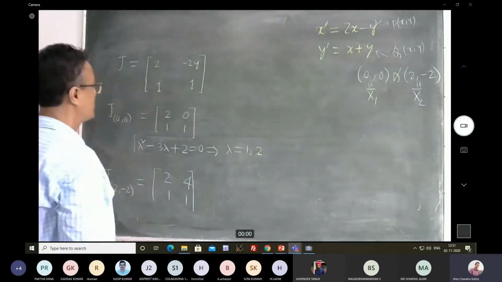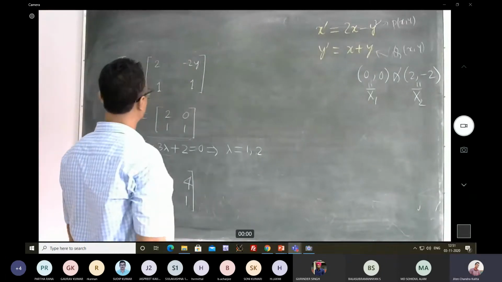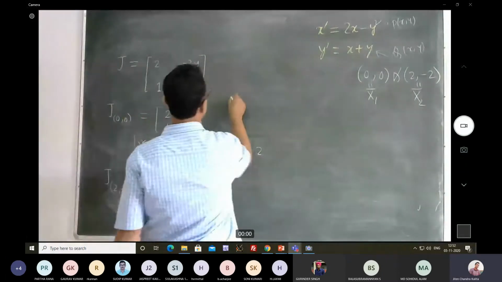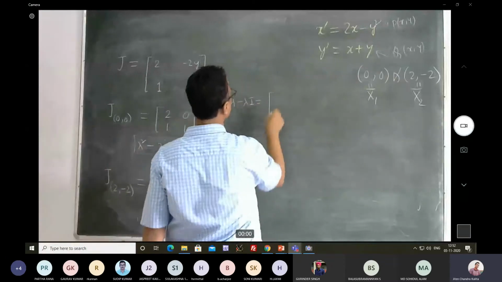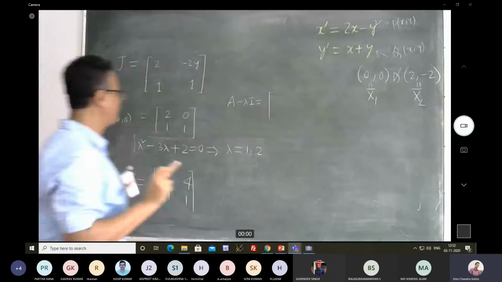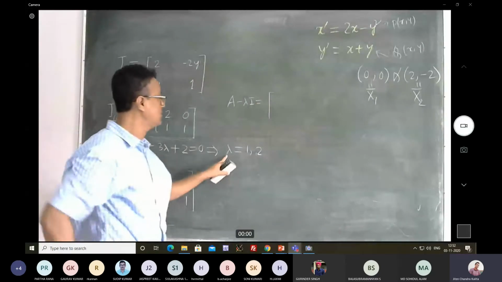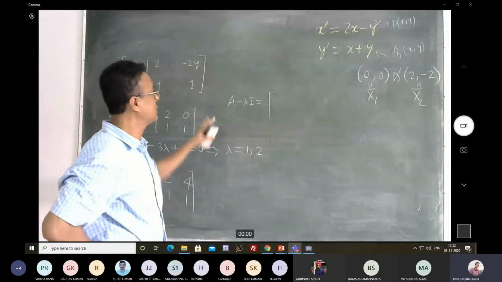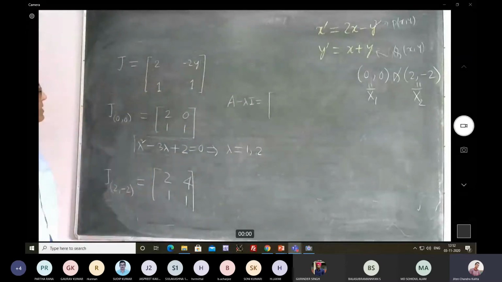Okay? Fine. So now, if lambda equal to 1, then A minus lambda I. But anyway, from here itself I can say, because you know how to find the eigenvector, that here you have got lambda equal to 1 and 2.